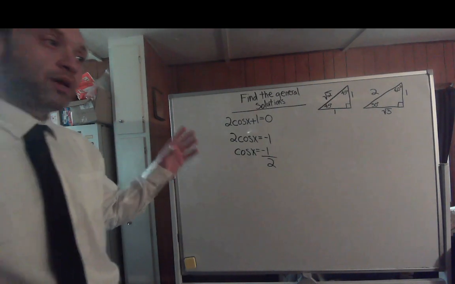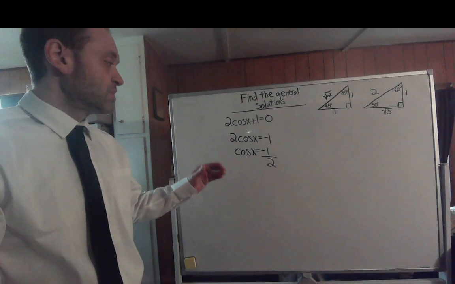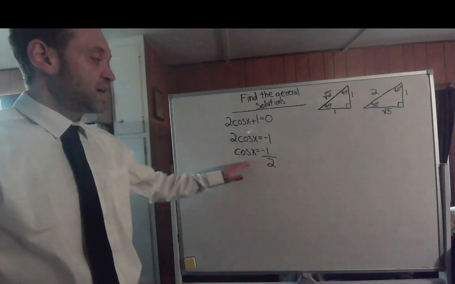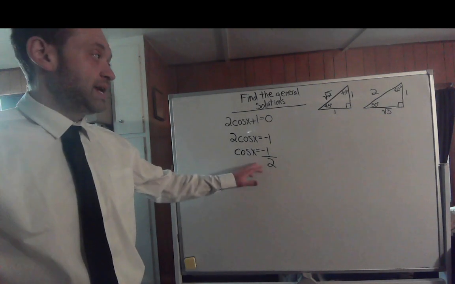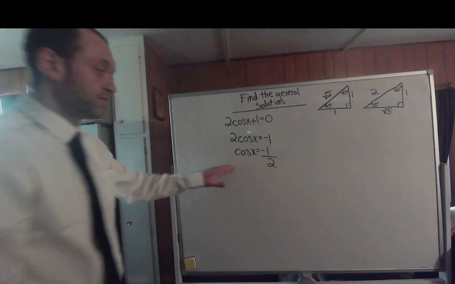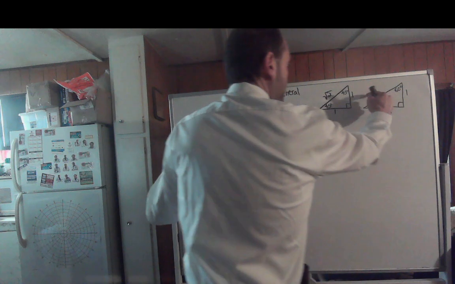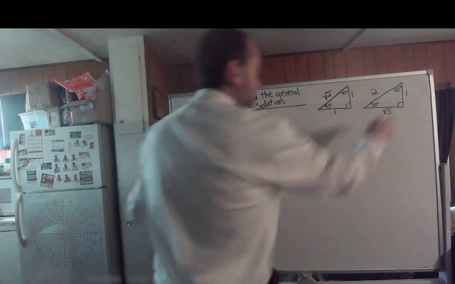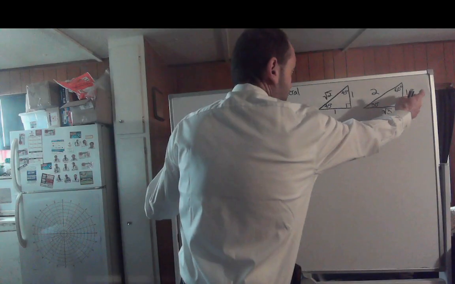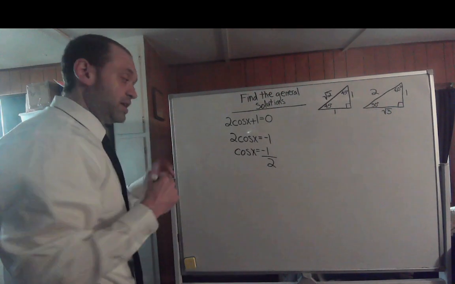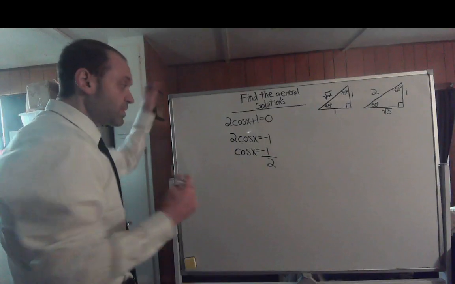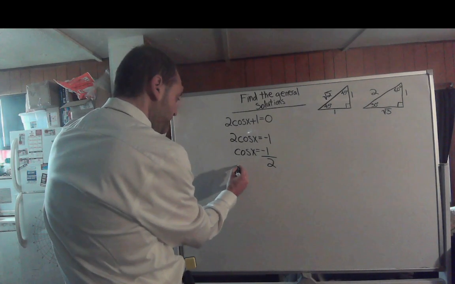It's probably better in general to ask: the cosine of what angle gives me -1/2? Well, that's definitely going to be a 30, 60, 90 triangle. That's based off of a 60-degree reference angle, which would give me cosine of 60 as 1/2, but in the second quadrant, that would be 2 pi over 3.